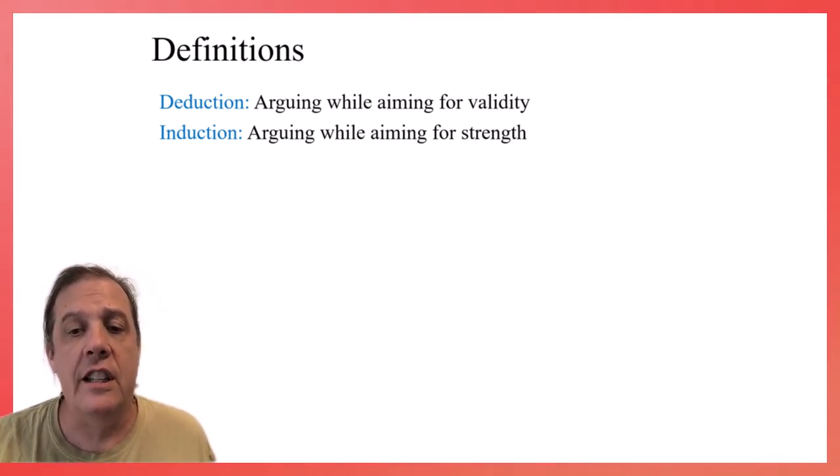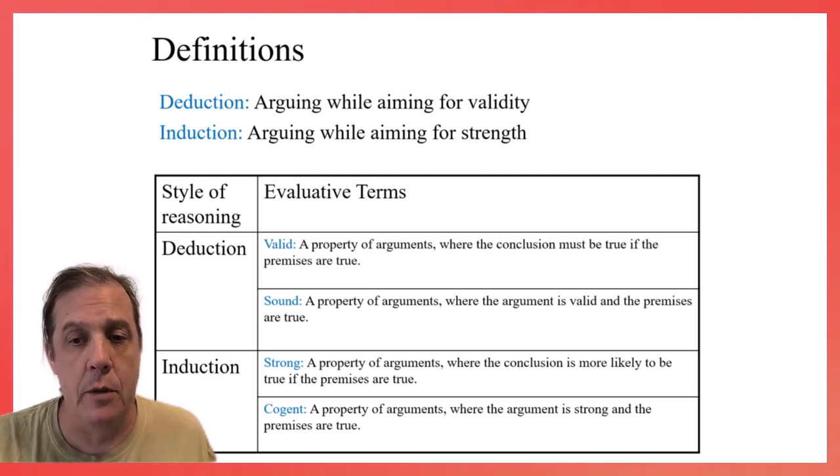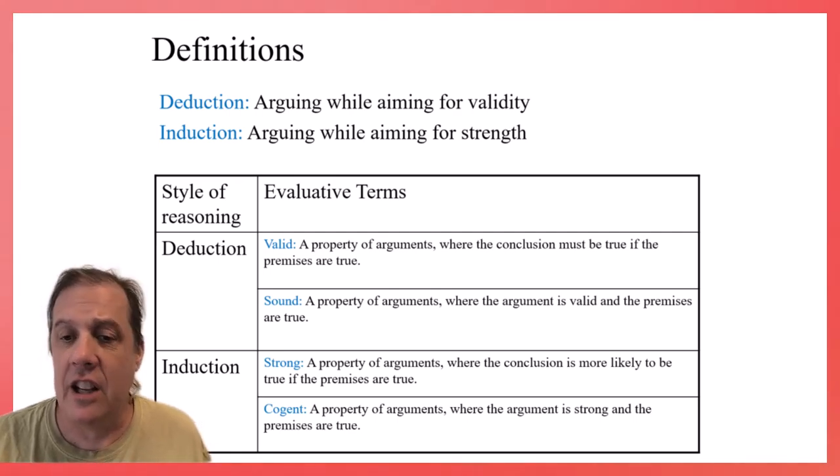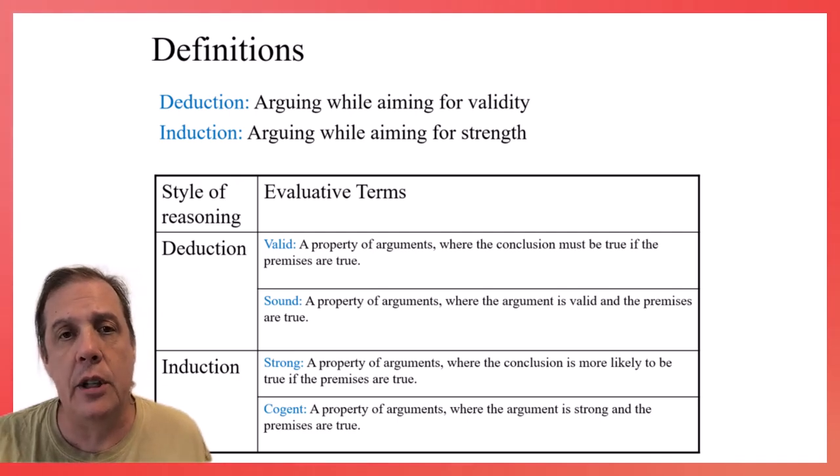Your goal is strength. Each of these styles of reasoning have separate evaluative terms associated with them. If we are being deductive, the terms we use are valid and sound. If we are being inductive, and the inferences merely need to be good enough, then we use the evaluative terms strong and cogent.